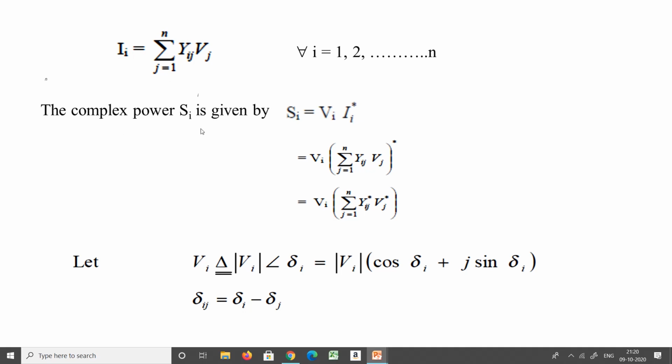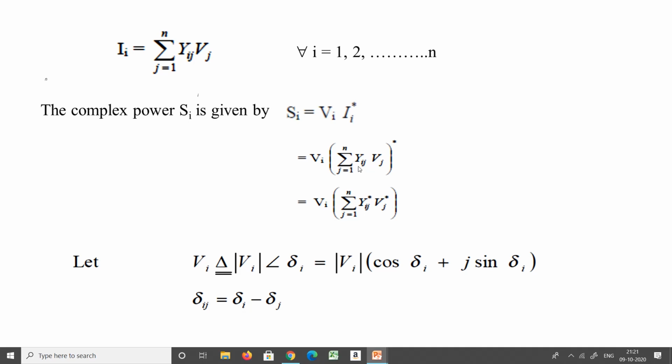Similarly, after finding the current, we have to find the complex power, V into I. So this equation will be represented here: summation, i equal to 1 to n, Yij Vj, and here Vi into summation of j equal to 1 to n, Yij into Vj.